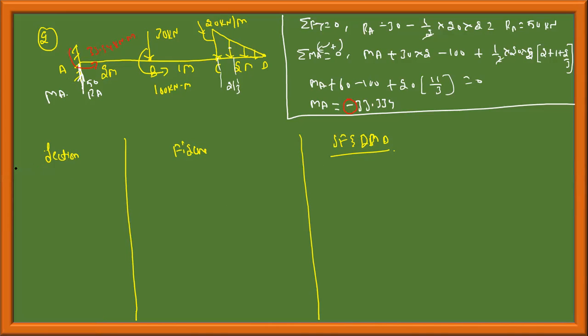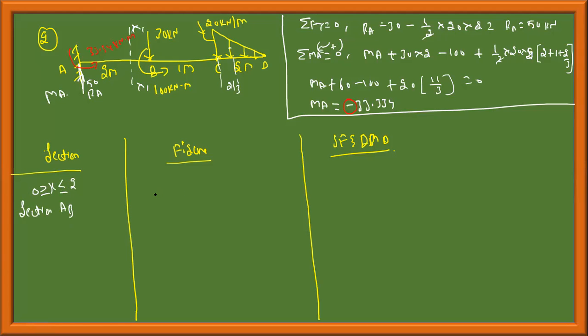Next, I'll pass a section here, X1, with X greater than or equal to 0 and less than or equal to 2, section AB.